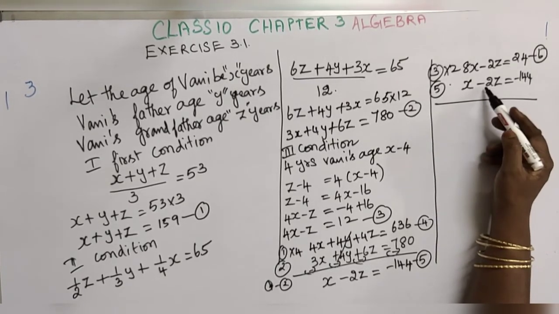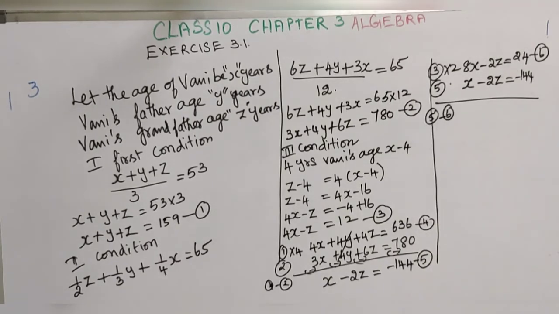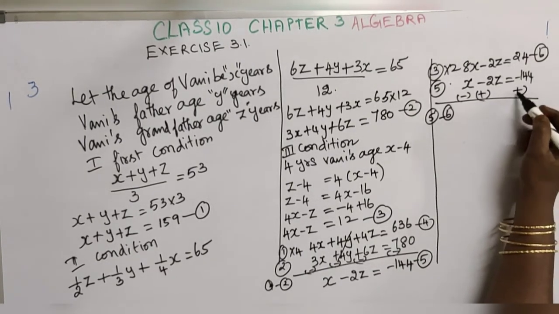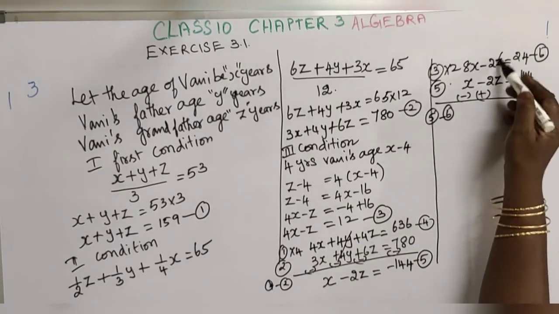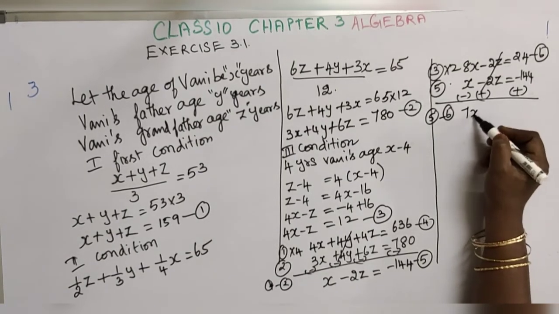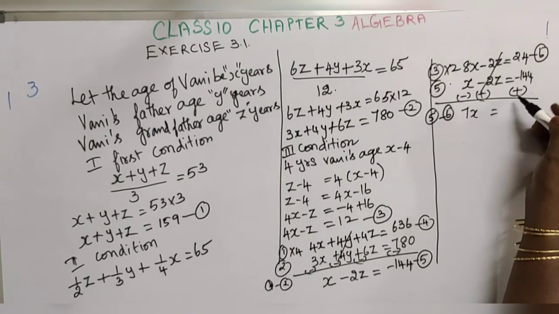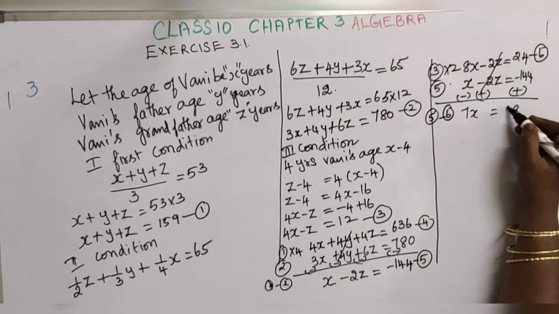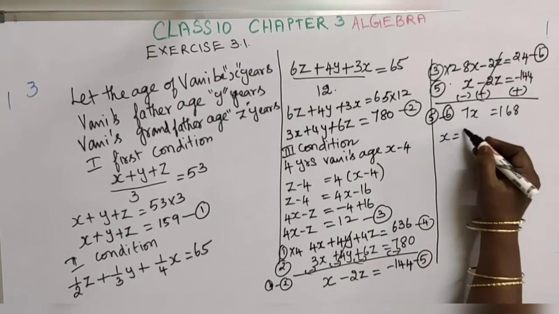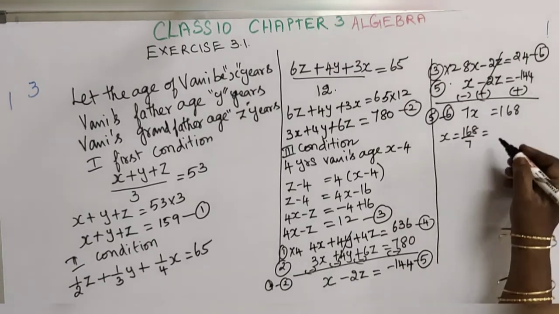Now the signs are of the same sign, so we have to subtract the fifth equation from the sixth one. Change the sign of each and every term. So minus 2z plus 2z get cancelled. 8x minus x, that is 7x, equal to 24 plus 144, 168. Now x equal to 168 by 7, that is equal to 24.